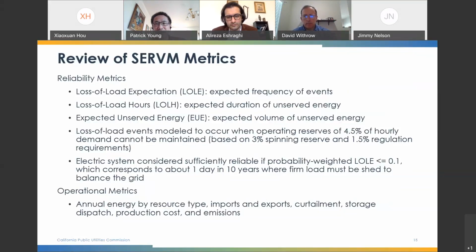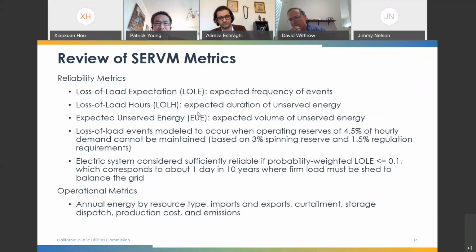We define an event of unserved energy as when operating reserves fall to below 4.5% of hourly demand. This is based on a 3% spinning reserve and a 1.5% regulation requirement as a percent of hourly load. So if the system is not able to balance and maintain those operating reserves, then that is our threshold for saying that a loss of load event has occurred.